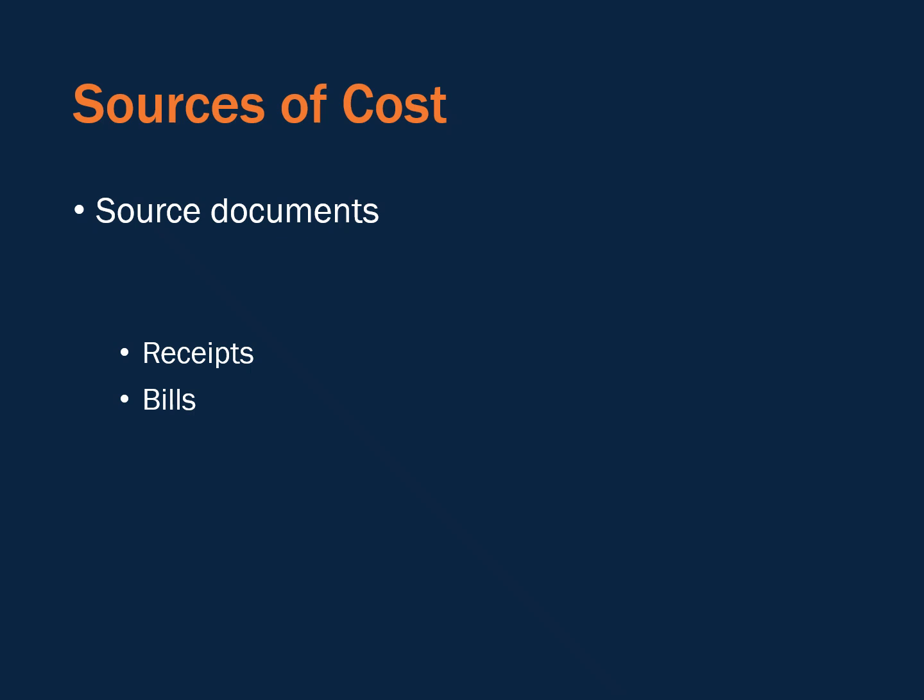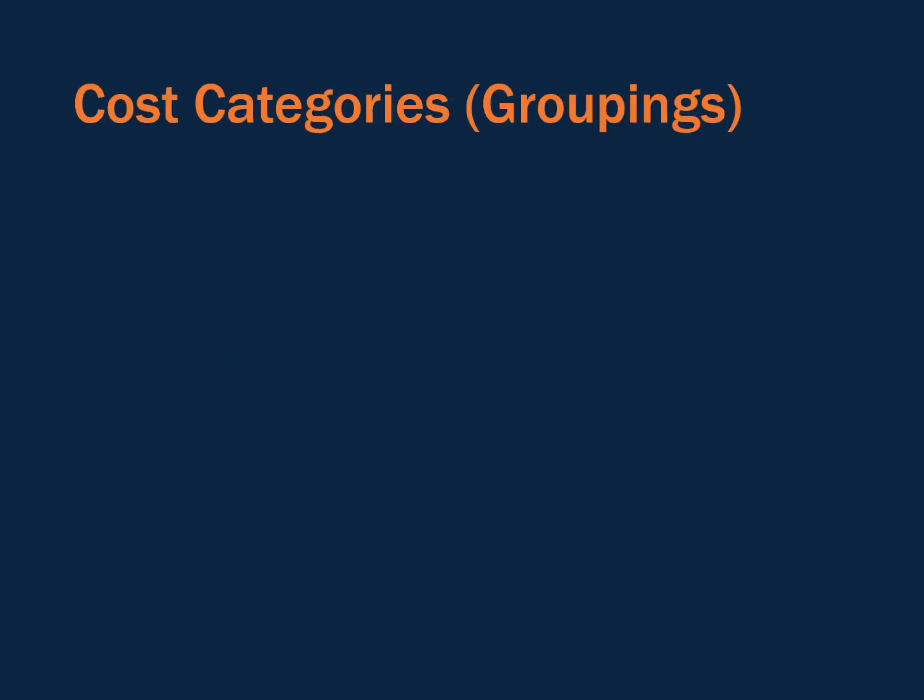And these include payroll documents, receipts, invoices, bills, and all of that. So these are the places you go to identify your cost information. And once you've been able to gather these documents, you can begin to record your cost information.